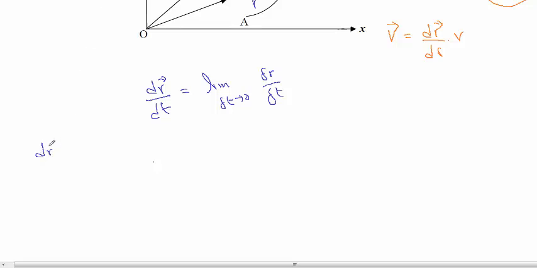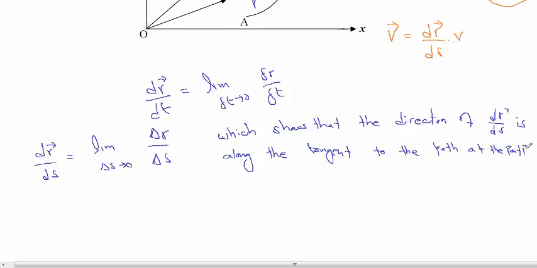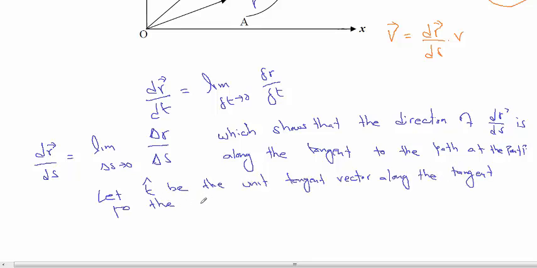So similarly we can write dr by ds is equal to limit del s approaches to 0 del r by del s, which shows that the direction of dr by ds is along the tangent to the path at the point P. So let t unit vector be the unit tangent vector along the tangent to the curve at P.